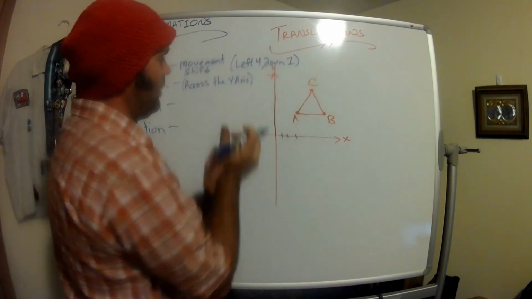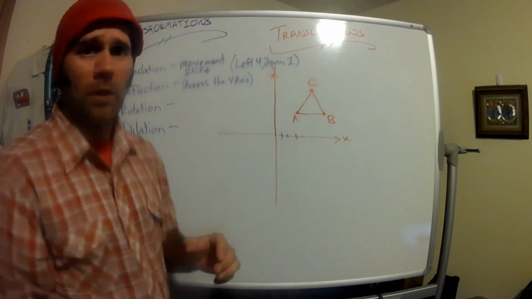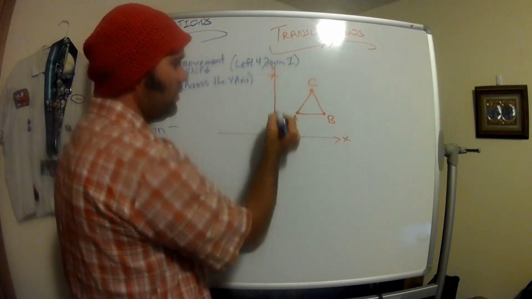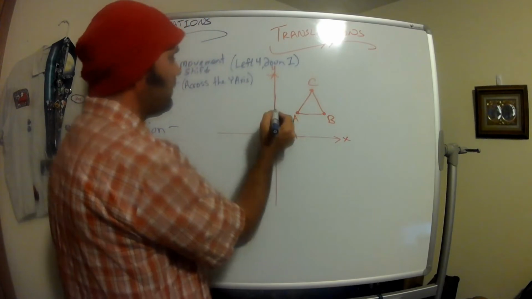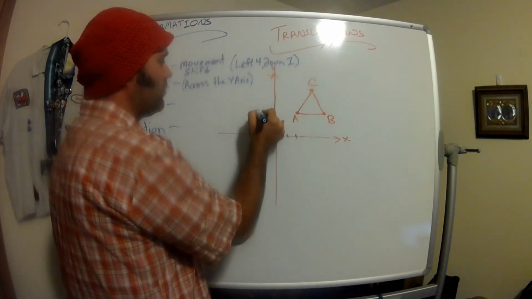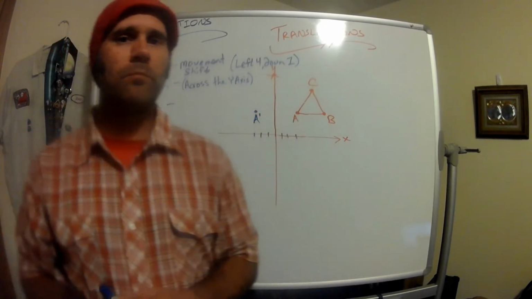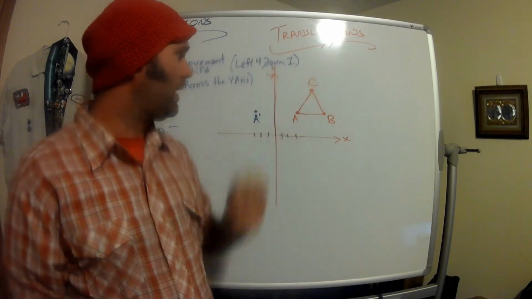And since the y-axis is our mirror, we want to flip across. So if it's 3 units to get to the mirror, then it must be 3 units away from the mirror as well. So then we're just going straight across, and there is A prime. So we've reflected A across the y-axis.